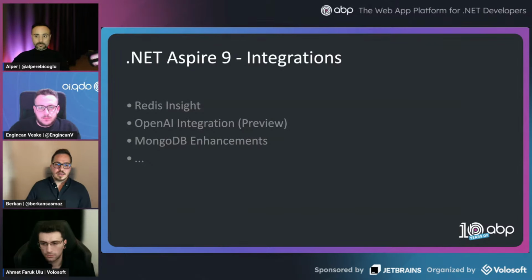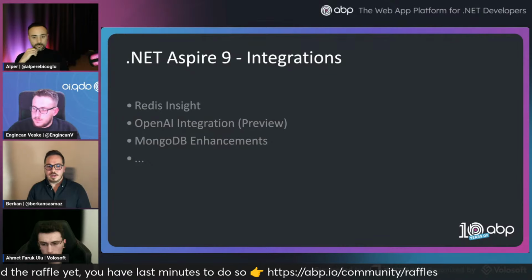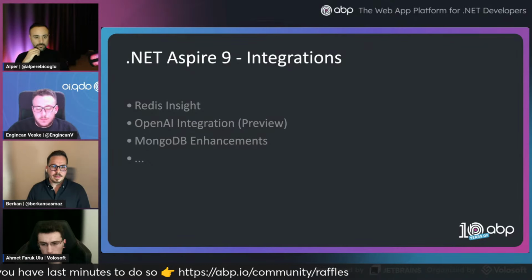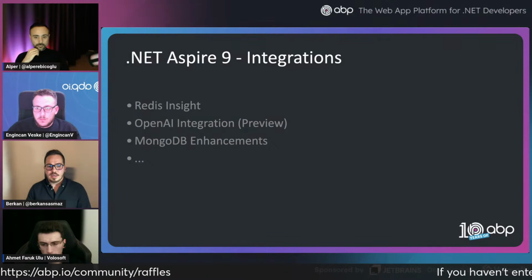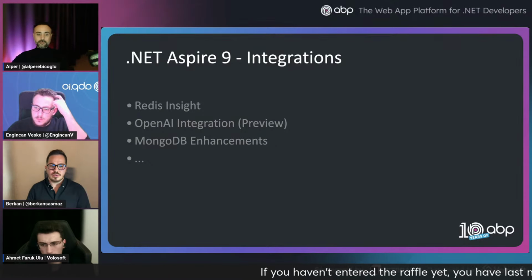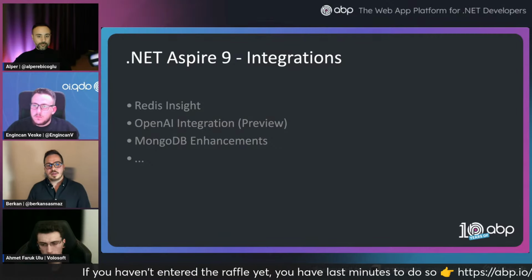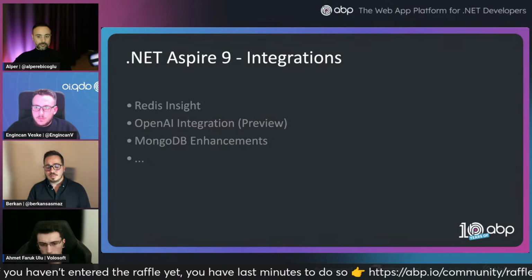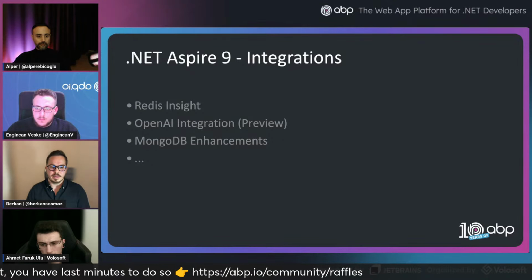.NET Aspire 9 introduces numerous integrations providing seamless support for popular tools and services. Let's highlight a few key additions. First, .NET Aspire now supports Redis Insight, enabling developers to easily monitor and manage their Redis resource through an intuitive dashboard. Next, the OpenAI integration has been enhanced to support the latest official OpenAI .NET library.